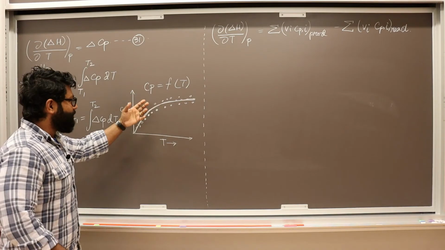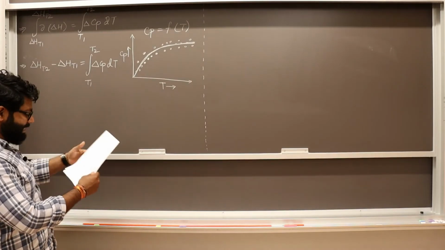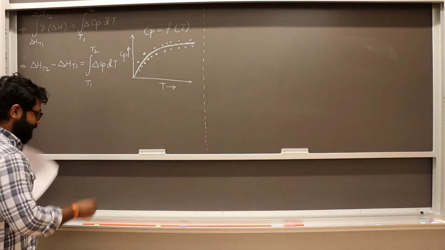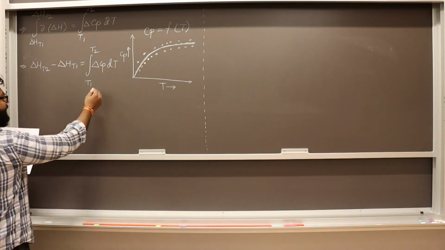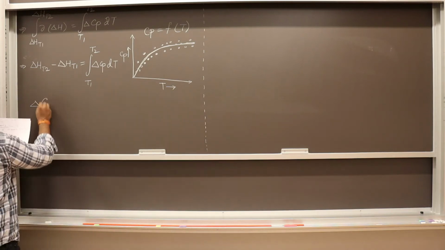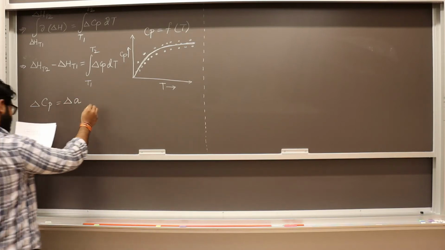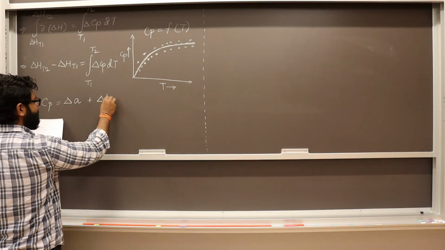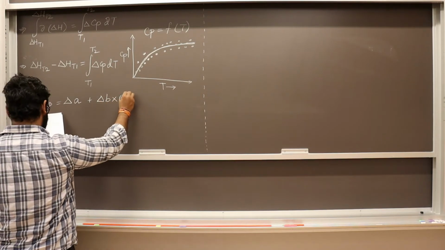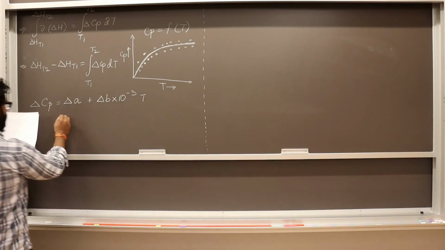Now, using a modification of this, you can find out the delta Cp. So I have an example of a very general delta Cp equation. Any delta Cp equation will have something like this: some variable and combinations of variables and constants to form a polynomial equation.